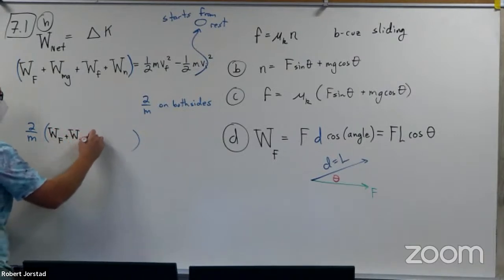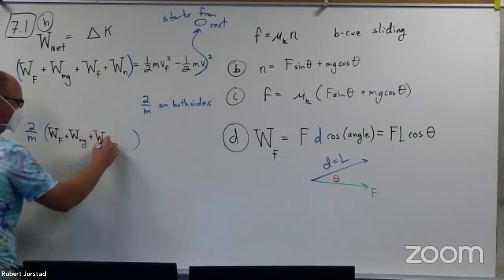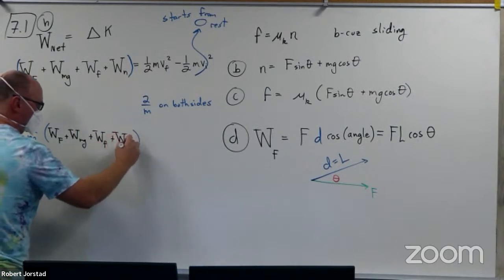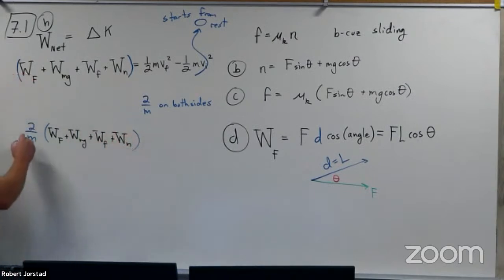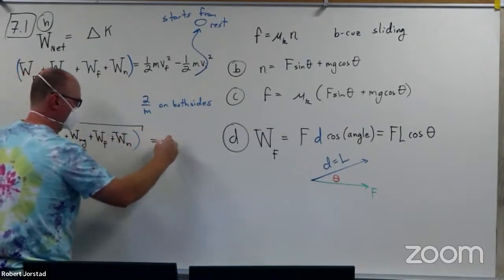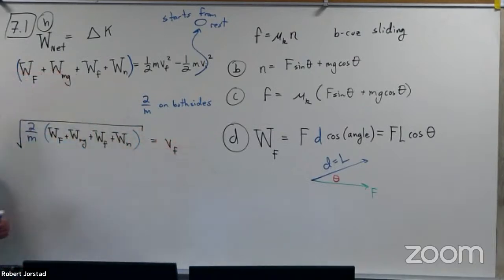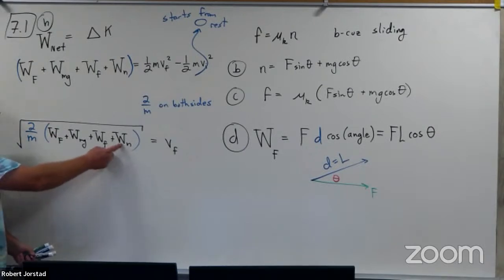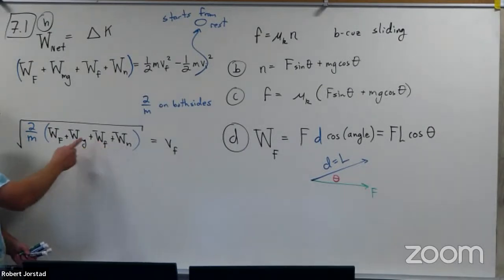Almost there. Hang tight. And then I could square root it all. And that would give me the final speed. At this point, it's just plug in those long expressions that we just found in parts D, E, F, and G. In particular, you could plug in that this is 0. This was that weird, ugly one. There's 2 other ones.